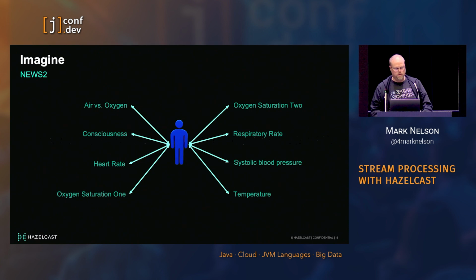So now I want to go into our demo here about stream processing. So the demo is basically about, if you would imagine the Royal College of Physicians in England, they had come up with this news scoring algorithm for patients.